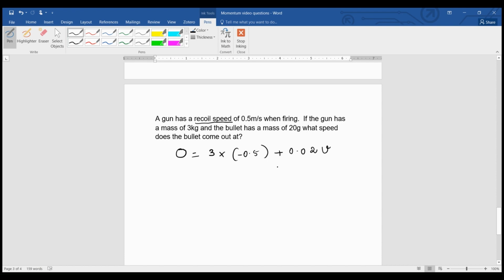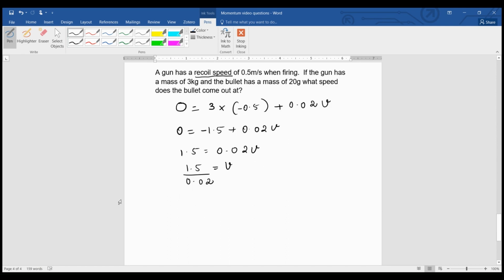That's why we give a positive sign for V. So solving for this becomes 0 equals minus 1.5 plus 0.02V, or 1.5 equals 0.02V, or V is 1.5 divided by 0.02. So the velocity of the bullet is 75 meters per second.